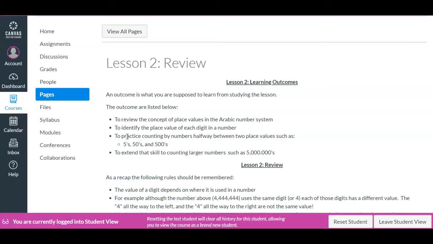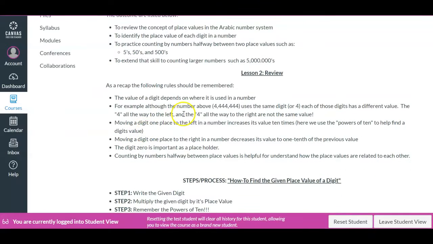You were able to count by 5 millions using the powers of 10 principle. So let's move forward to an actual review of the lesson itself.